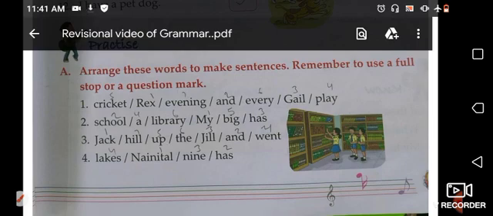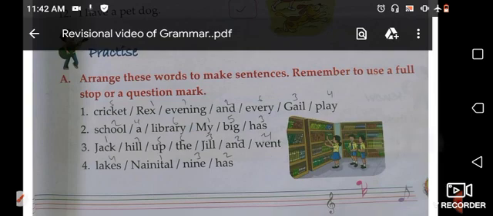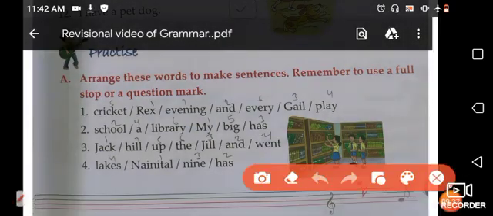And if the sentence is asking a question, then you have to put a question mark at the end of the sentence.